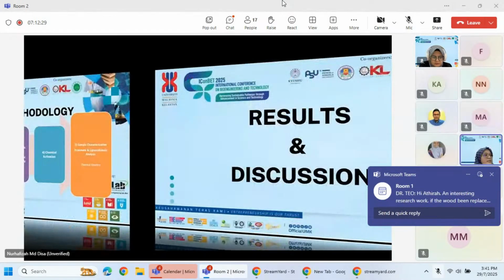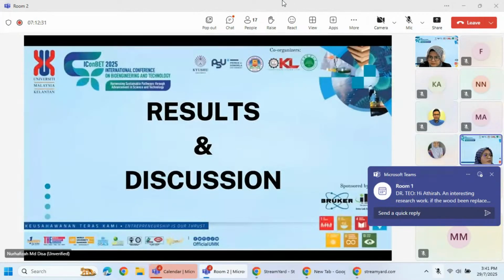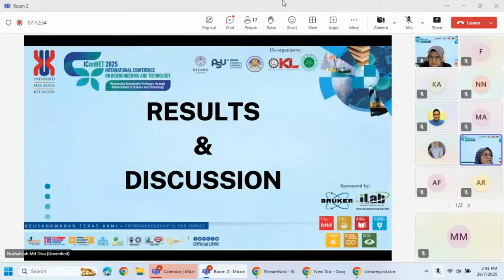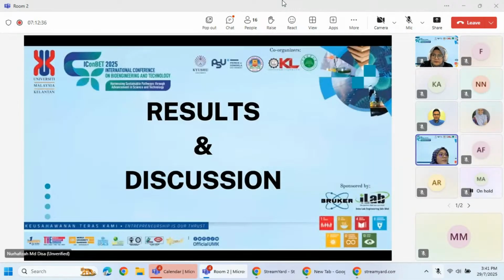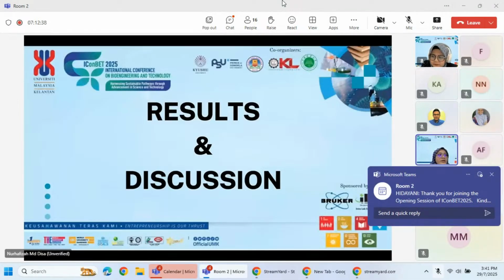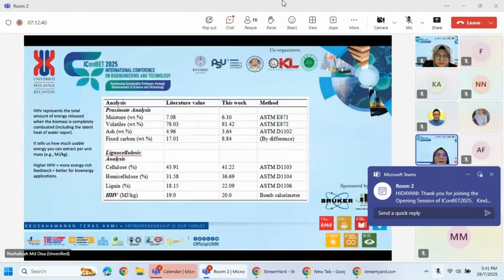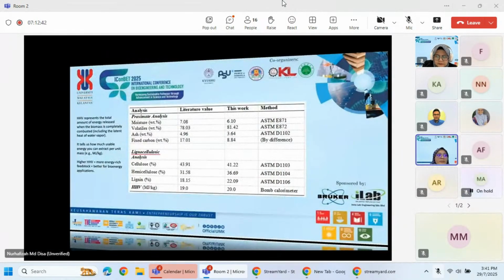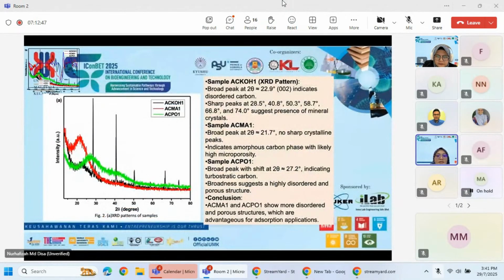Okay, next, for the results and discussion, the preliminary analysis of the composition of the coconut frond biomass was determined using proximate, lignocellulosic, and higher heating value analysis.